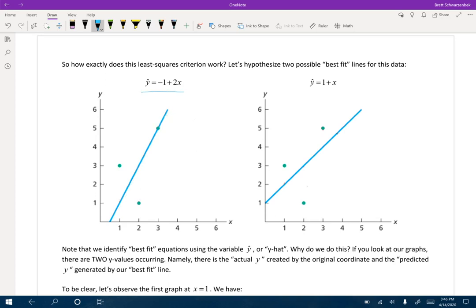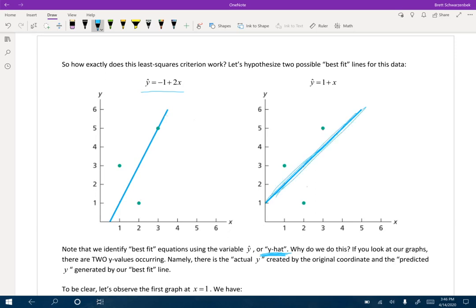Now note, whenever we talk about regression lines, we always use the variable y hat to determine a best fit line. So just take a note of that. In terms of if you've seen the hat designation before, but it's similar for this. I also generated another line that doesn't go through any of the points over on this side, right?